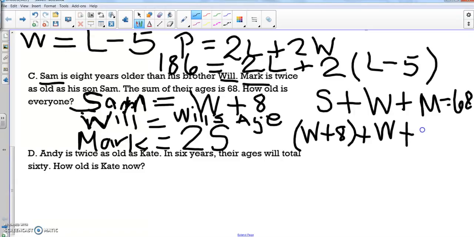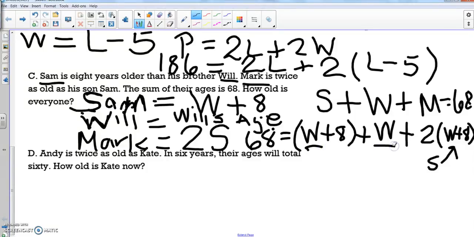If it's 2 times S, and I know that S is W plus 8, I now have all W's. Because this was S. And all of that is equal when I add it up to 68. So the nice thing I've done now is everything is with respect to W. I don't have anything but W's now. And if I have all W's, I can solve it.